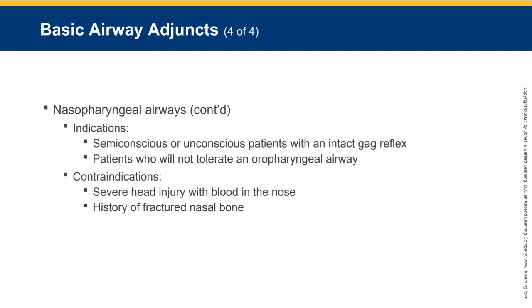If it's not present, no airway adjunct is required. Contraindication: if the patient has a severe head injury with blood in the nose or a history of fractured nasal bone, it's not indicated. And most of the current protocols no longer use the NPA once it's a trauma patient.